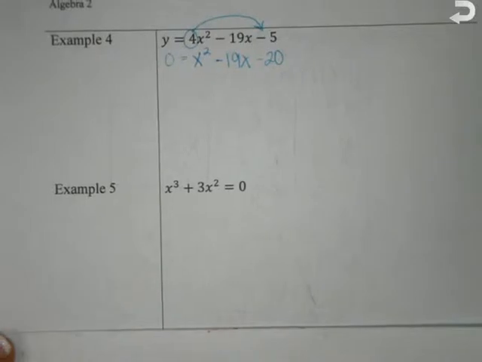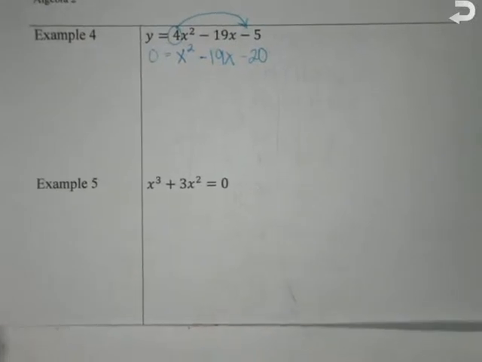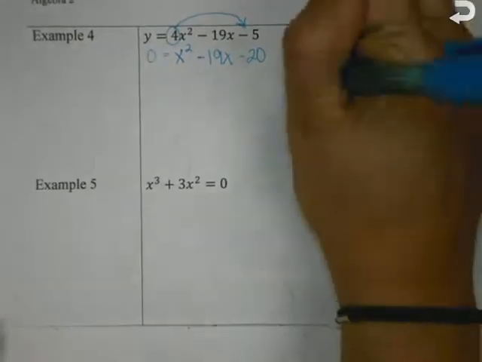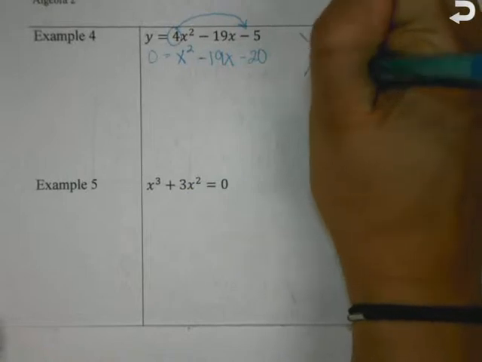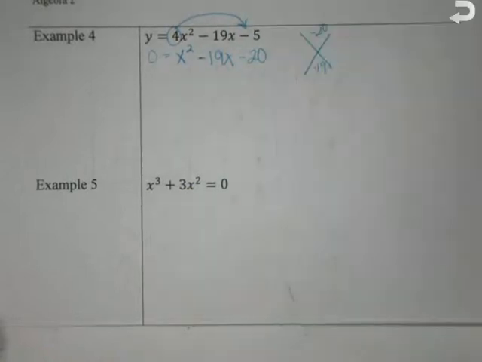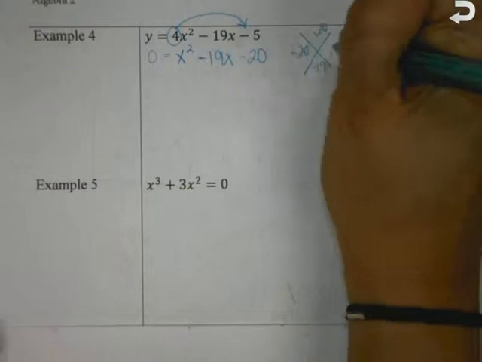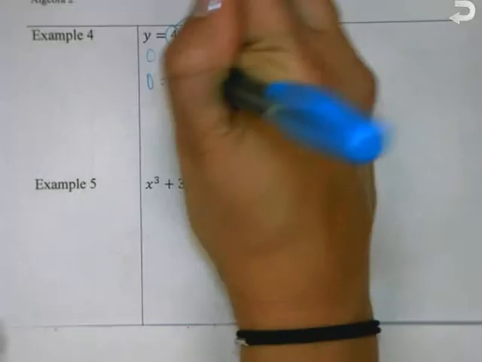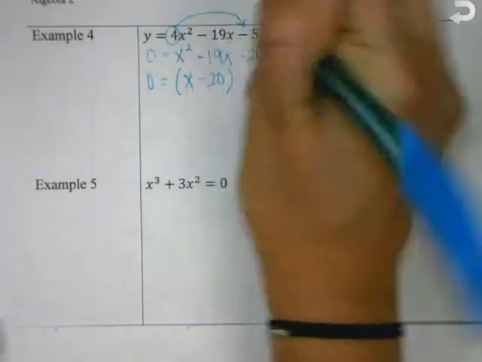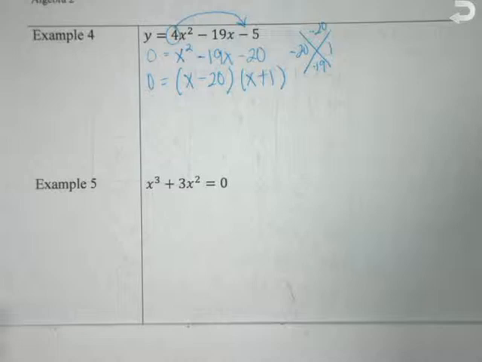Diamond method. What two numbers multiply to negative 20 and add up to negative 19? Yeah, good. Negative 20, positive 1. So that gives me x minus 20 times x plus 1. And then what do I do? Ashley?